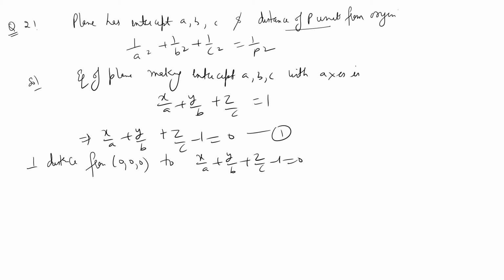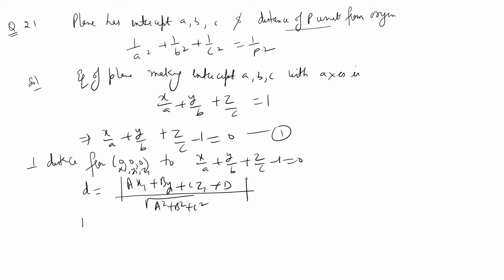0. We will use the formula for the perpendicular distance that we already know, ax1 plus by1 plus cz1 plus d upon under root a square plus b square plus c square. So this is the point x1, y1, z1. Okay, so the perpendicular distance here is p.